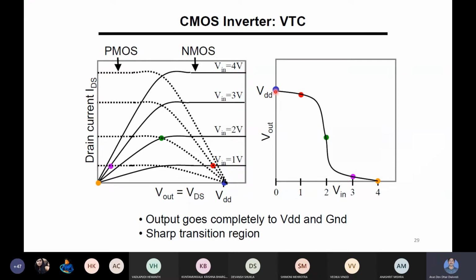You get VDD as the output voltage when the input voltage is 0. So with 0 input voltage you get the maximum, VDD, which is also called VOH, output high voltage. So in the CMOS inverter, VOH is equal to VDD.